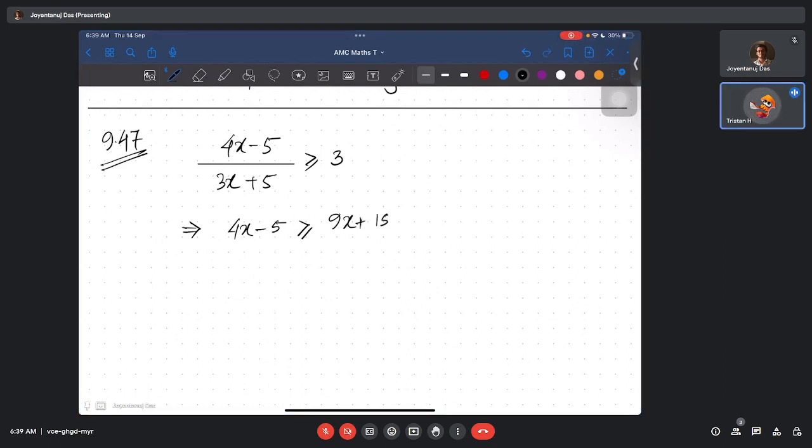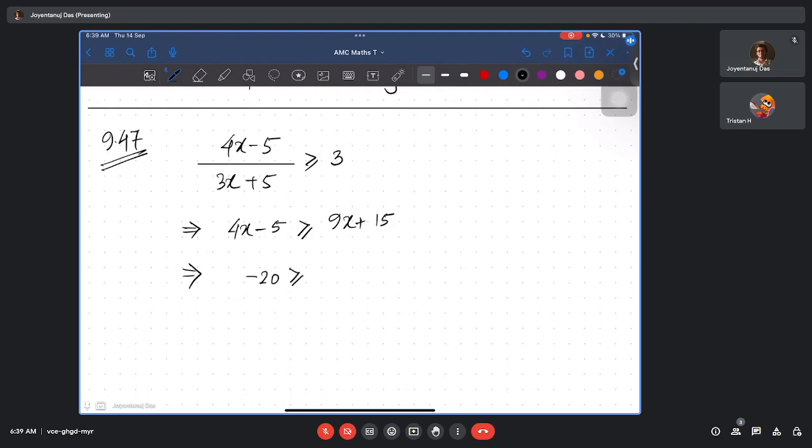When x is less than or equal to negative 4. Okay, 1 minute. So if I send 15 to the other side, negative 20 is greater than or equal to 5x.